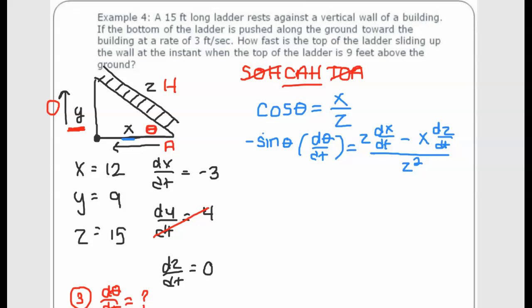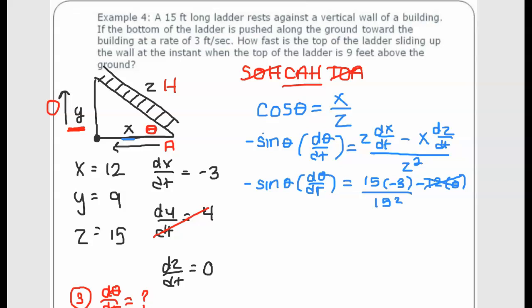Plug in what you know. So we have negative sine theta d theta/dt equals 15 times negative 3 minus 12 times 0. Well, that's nice. All over 15 squared.